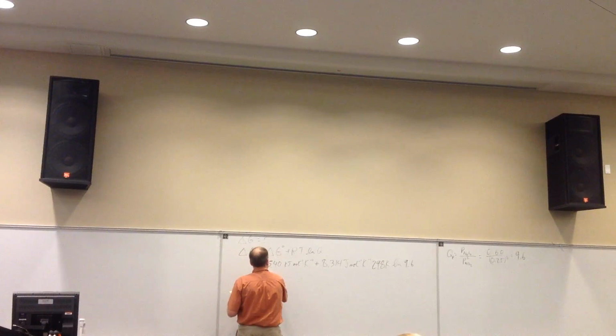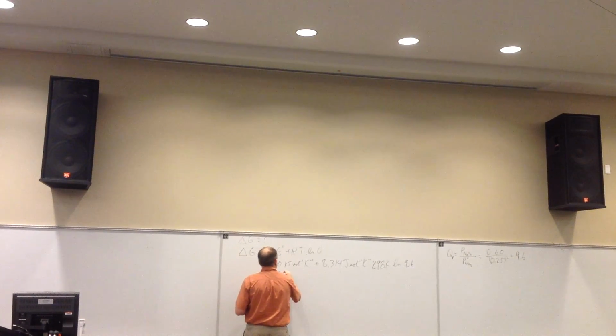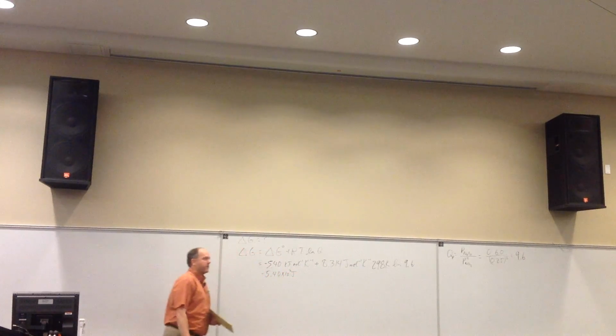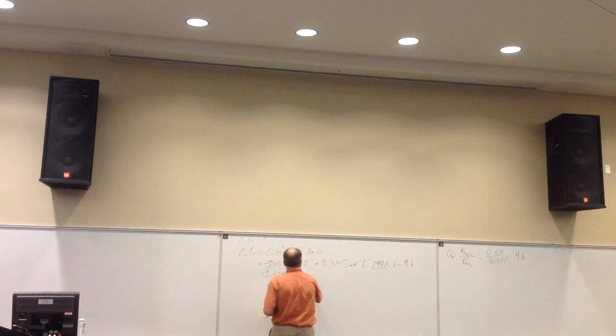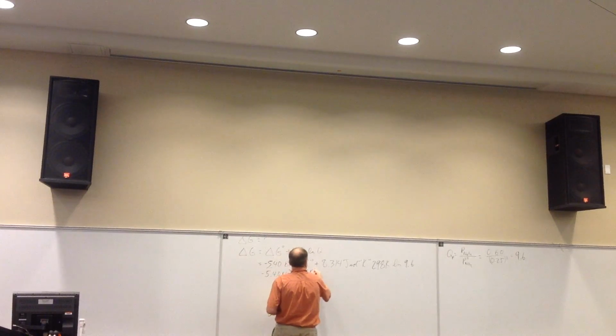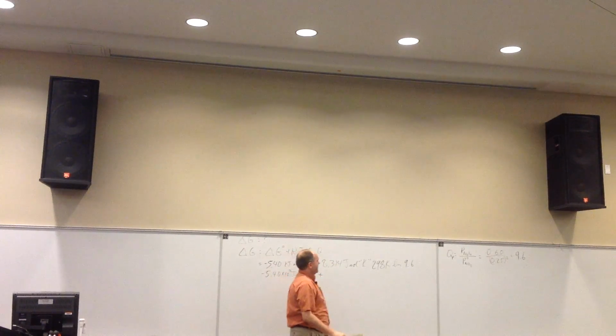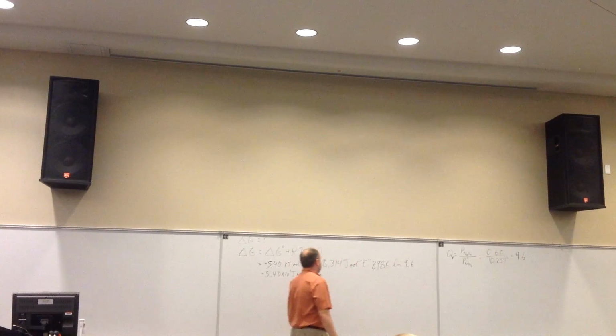So, I have 5.40 times 10 to the third joules. I'm going to go ahead and get rid of the kilo per mole, plus, this log is greater than 1, so I know it's positive.